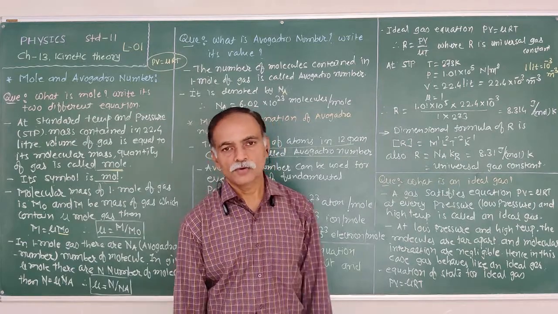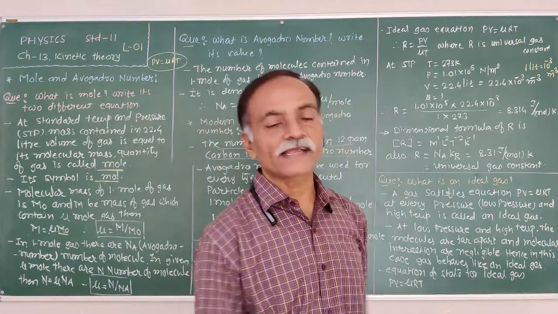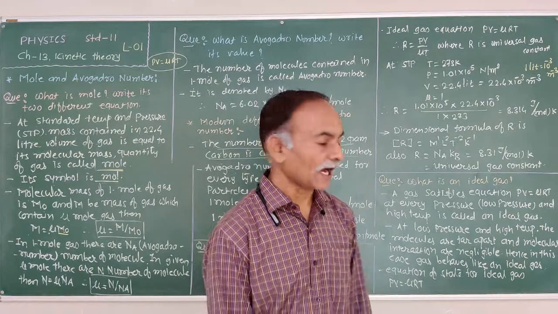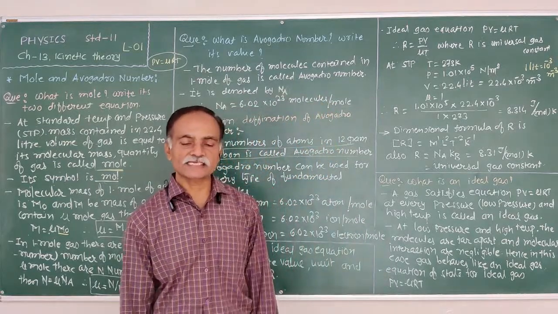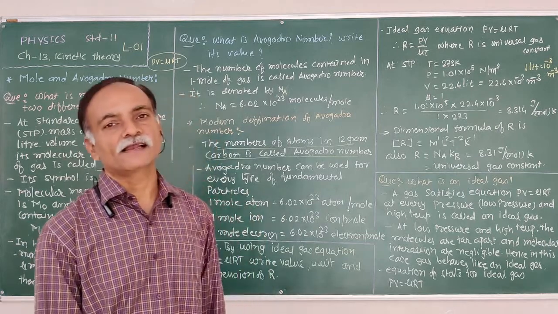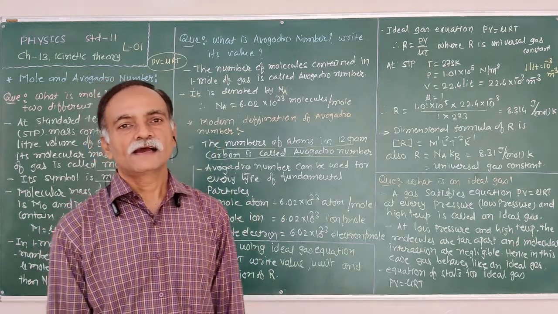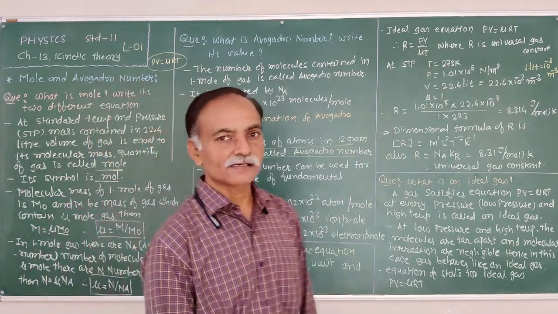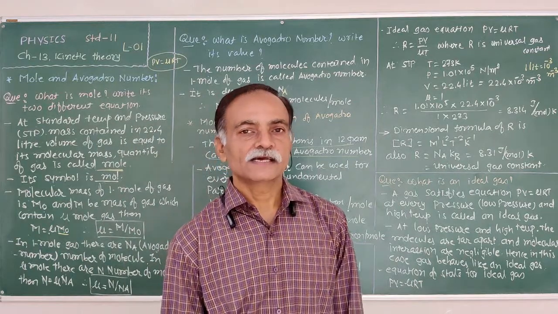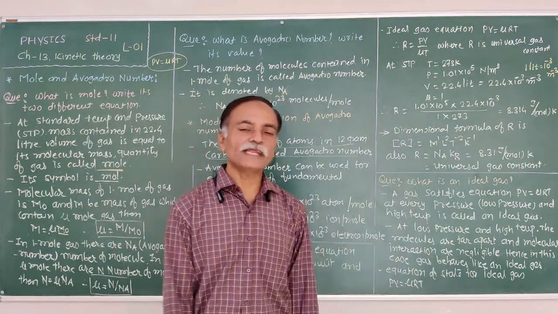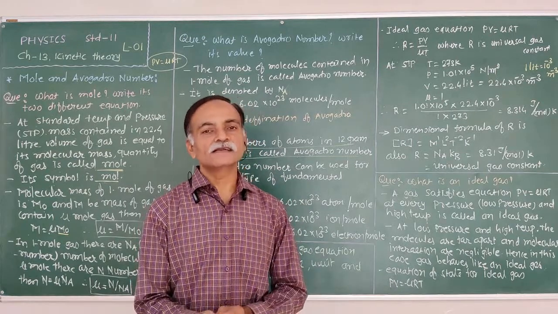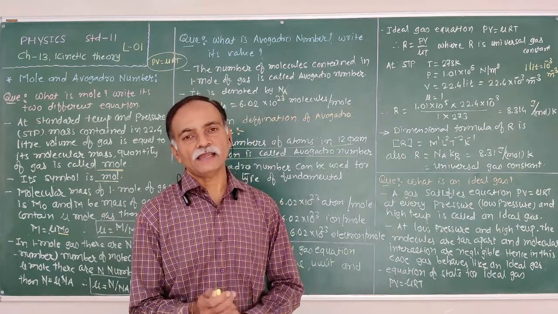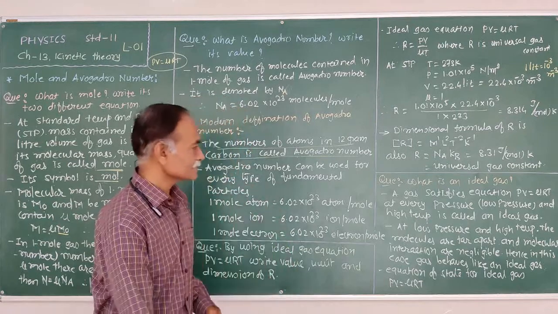Now, next is what is an ideal gas? In which condition can we consider a gas as ideal? An ideal gas is not real. That means in reality no gas is ideal, but in particular conditions we consider the gas as an ideal gas.